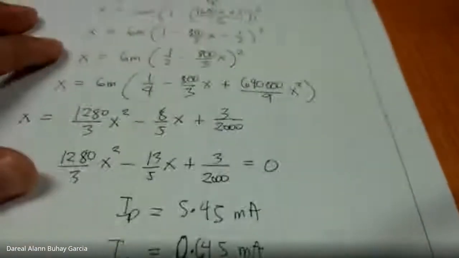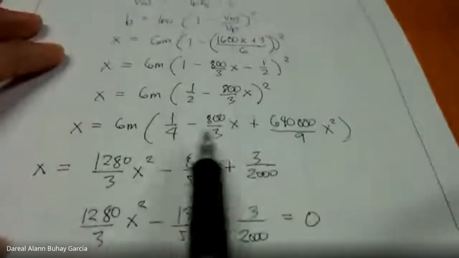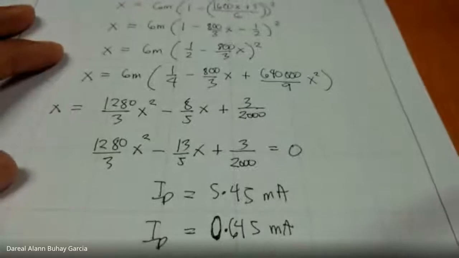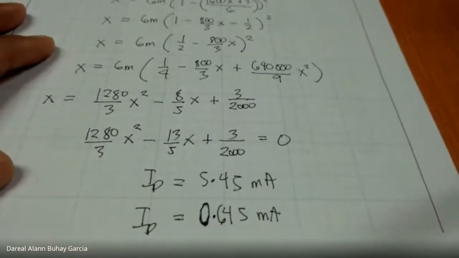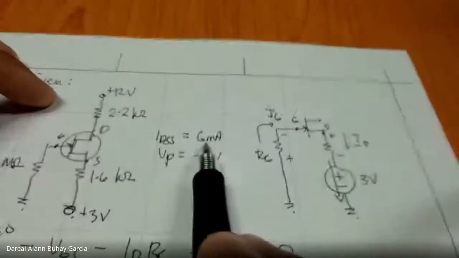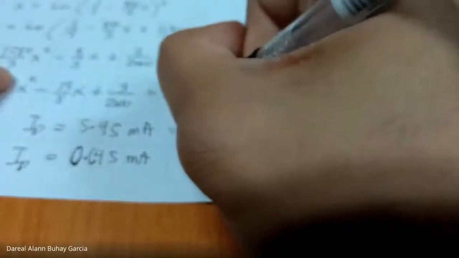So, sa atong dilemma karon after performing quadratic analysis to obtain the roots, both ID kay below 6 milliamperes. No? Lagi isa na kuan. Na answer ani dapat.